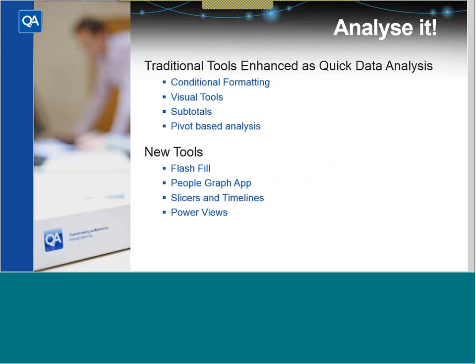So there's lots of new tools sitting within Excel, and new takes on old tools, I guess, is probably the main thing to think about in terms of looking at Excel as an application as a whole.